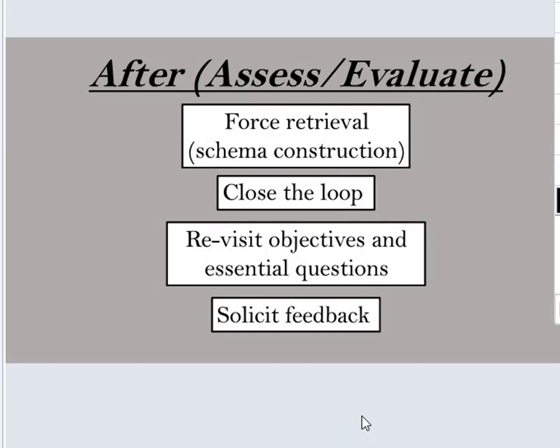All right, so after we have taught our lesson, it is time to do a couple of things. First and foremost, going back to this schema construction, once we form these schema and we convert them from our working memory to our long-term memory, so first of all, long-term memory has an unlimited storage capacity.